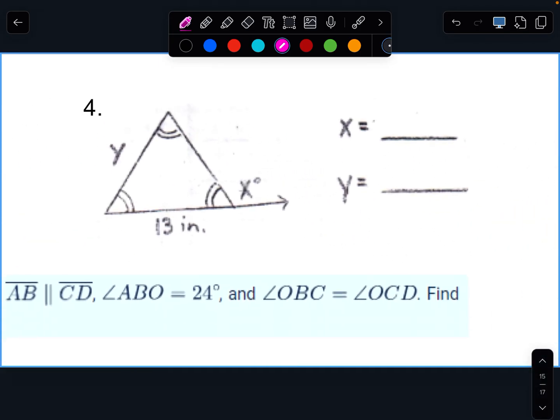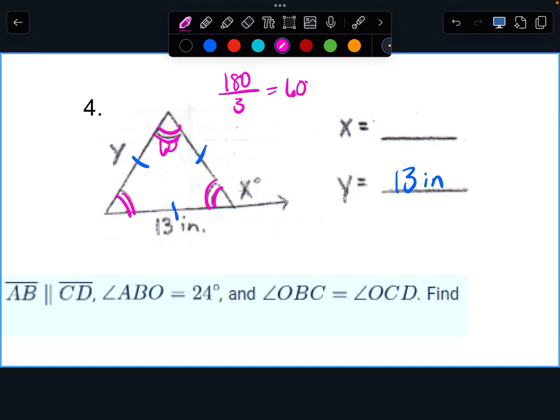Okay, this guy. Look, all the angles are the same. So that means the sides are too. And then for x, do you know what each angle is then? 60. Yeah, it's 60, because you can take 180 divided by 3.